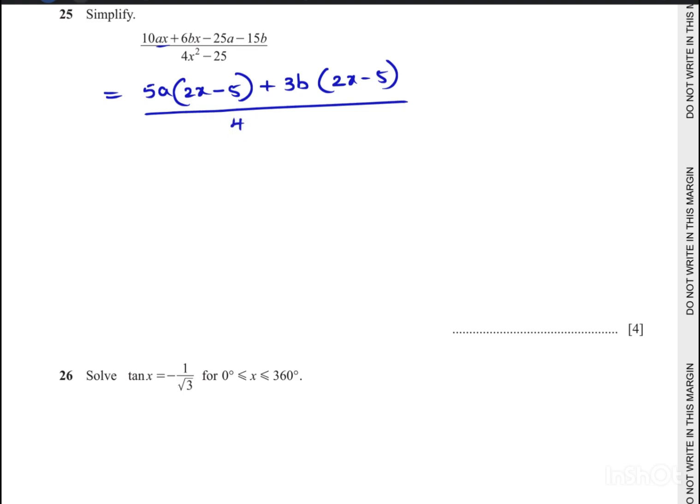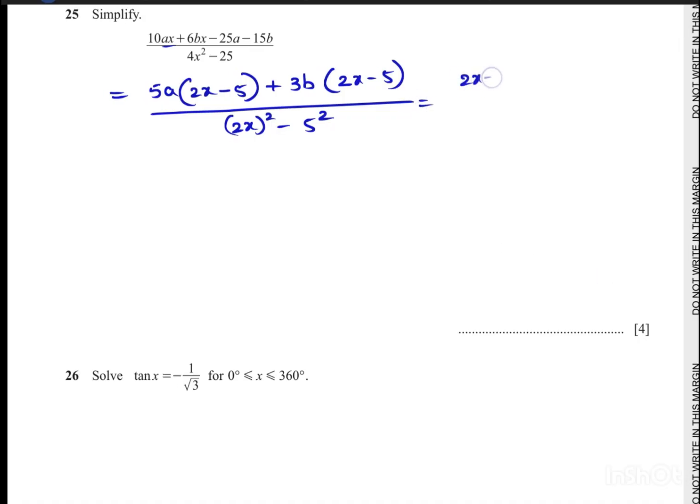Next, the denominator, when you see carefully, they are in the form of a square minus b square. So just separate them in that way. So 4x square can be written as 2x whole square minus 5 square. Now taking 2x minus 5 common, you will get in the bracket 5a plus 3b, by, now this is a square minus b square, so 2x plus 5 into a plus b into a minus b.